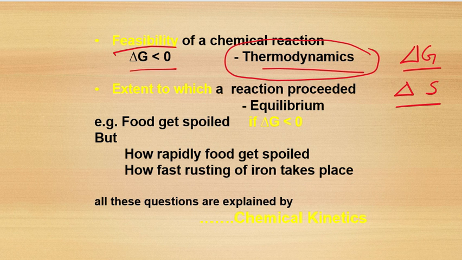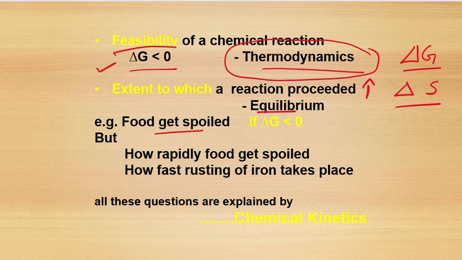If delta G is 0, it means equilibrium, and if it is negative, that is less than 0, then it will be considered as a spontaneous reaction. For example, all the natural processes like food getting spoiled, rusting of iron, etc. So these all are determined by the factors delta G, delta S, and thermodynamics.